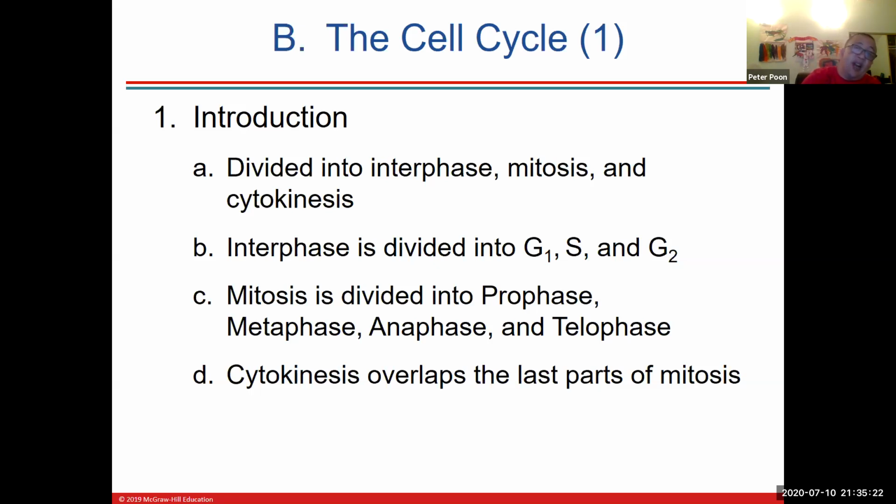But because we didn't have good enough molecular biology, we didn't know what was happening to the rest of the cell, other than the fact that mitosis was rather visible. So what we called it was interphase, in between mitotic phases.